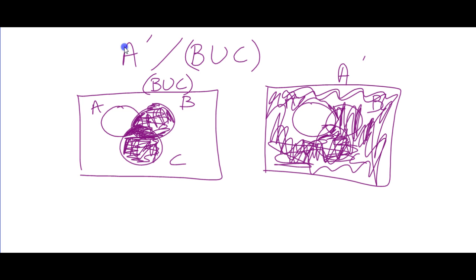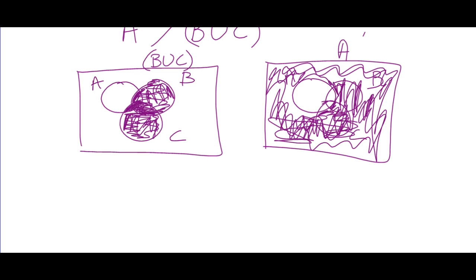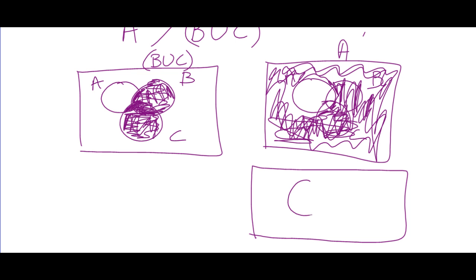If I remove that from it, then what's left shaded? We're taking everything that's shaded, except for circle A, and removing from that B and C.